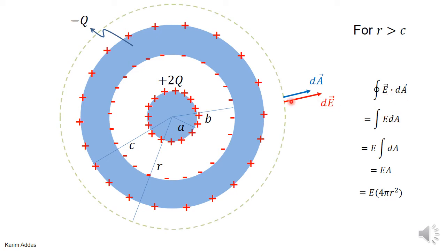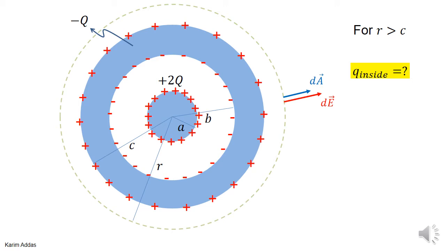And second, from symmetry, anywhere on the spherical shell, the magnitude of the electric field is the same everywhere, even though I don't know the value of it, but I know it's the same. So I can take E outside of the integration, and you're left with integration of dA, which is the total area of the spherical shell, 4 pi r squared.